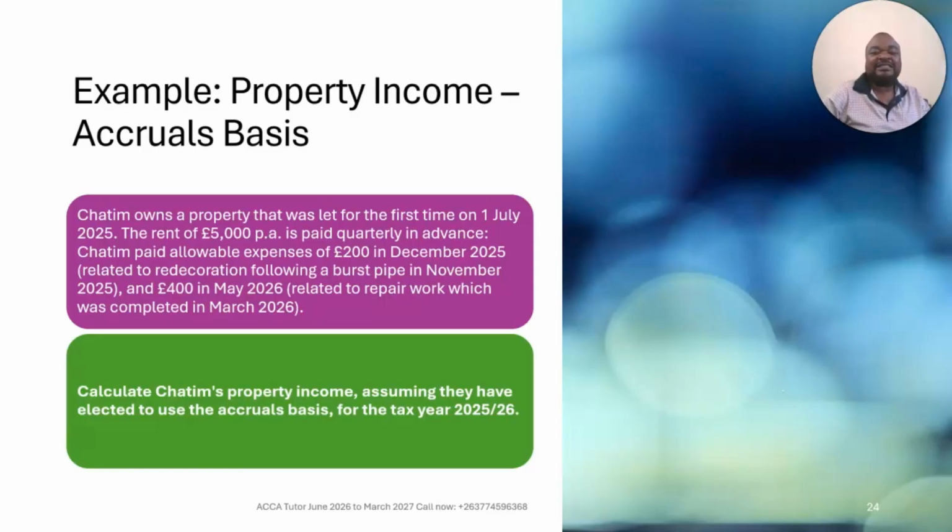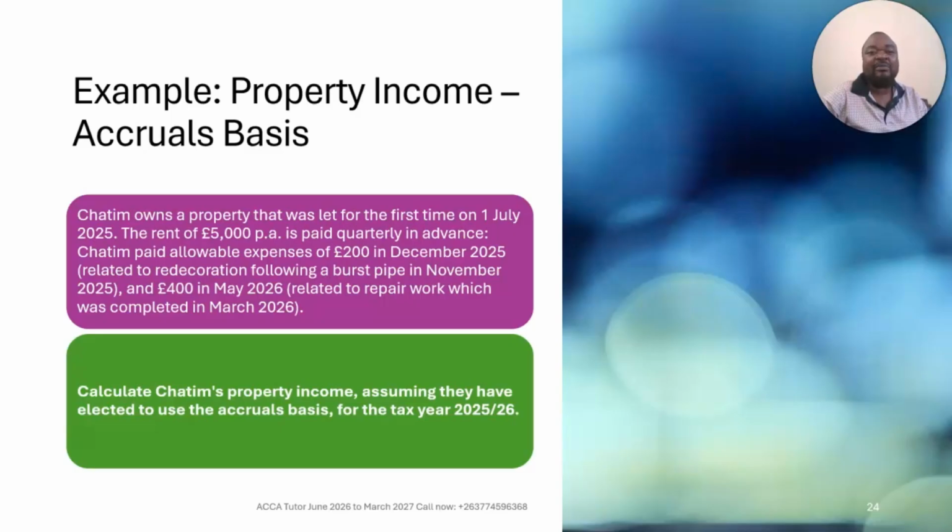Let us look at this wonderful example. Sharpen owns a property that was let for the first time on 1 July 2025. The rent of £5,000 per annum is paid quarterly in advance.